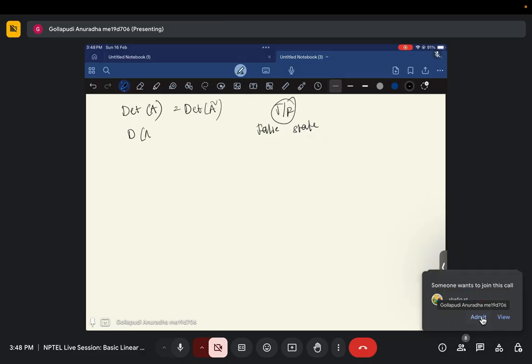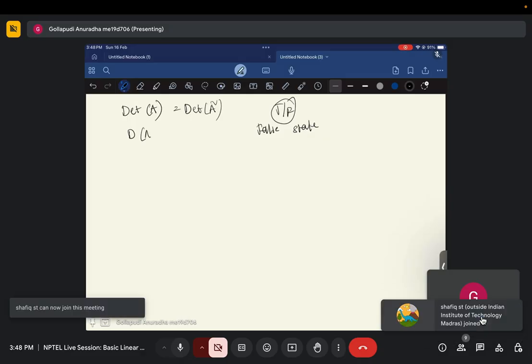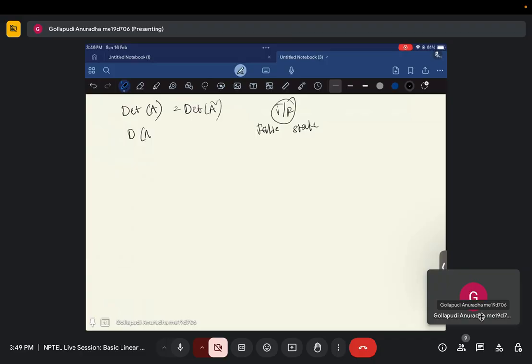Ma'am, when I convert the matrix A into the identity matrix, then this matrix will be known as the row reduced echelon form. Please ask again.